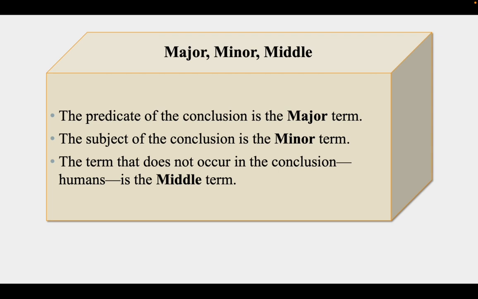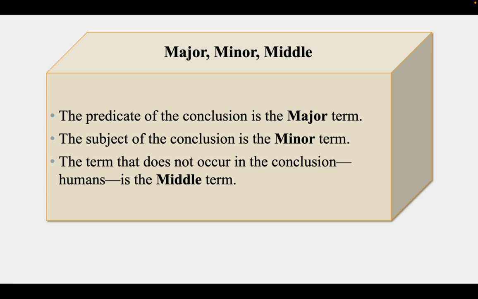So the rule says that the predicate term of the conclusion is the major term, always the major term. You look at the conclusion, you identify the predicate term, and that will be the major term.